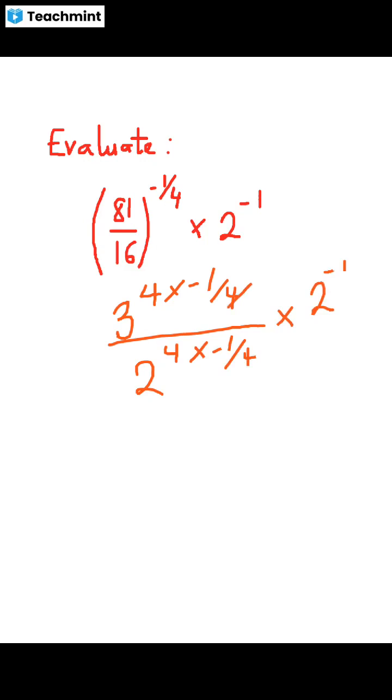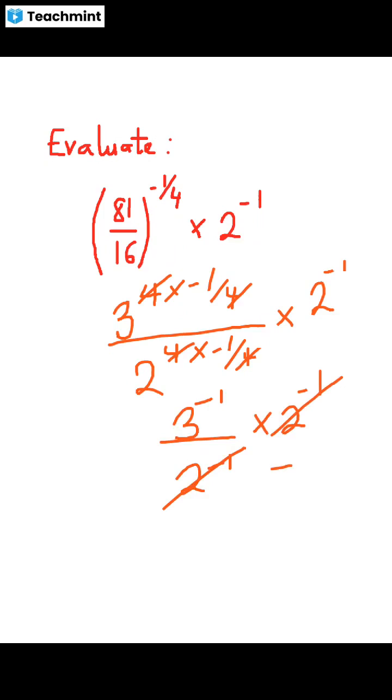So now this cancels this. I have 3 raised to power minus 1. This cancels this. I have 2 raised to power minus 1 times 2 raised to power minus 1. Can you see? This is going to cancel this. So our final answer is going to be 1 over 3, because our final answer is 3 raised to power minus 1.